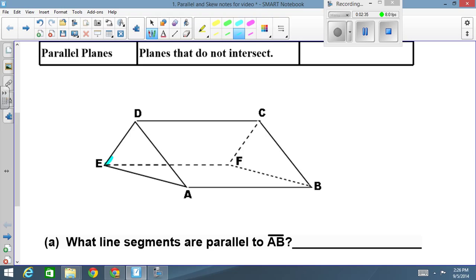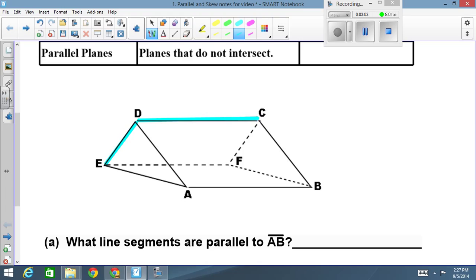So consider line segment ED. I could consider a line segment that is parallel to ED. That would be something like FC. Those two are parallel to each other, and they are in the same plane. Okay? But if I want to find a line that is not parallel, you may think, well, how about DC? Well, that's true.